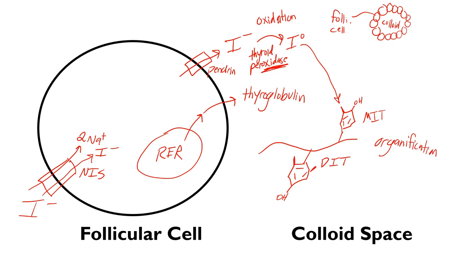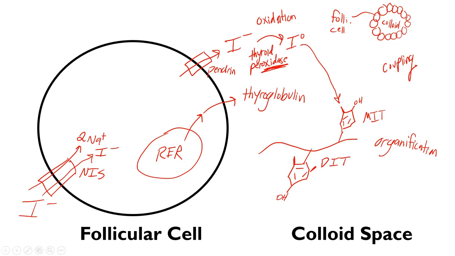The next process, after organification, is called coupling. So we've had step 1, NIS transporter bringing in sodium and iodine. The iodine leaves through the pendrin transporter. It's now in the colloid. It gets oxidized to atomic iodine. The iodine binds either once or twice to the various tyrosine segments, making MIT or DIT.